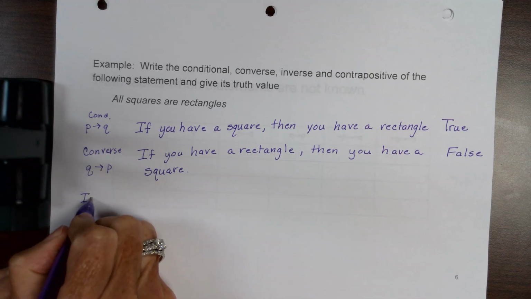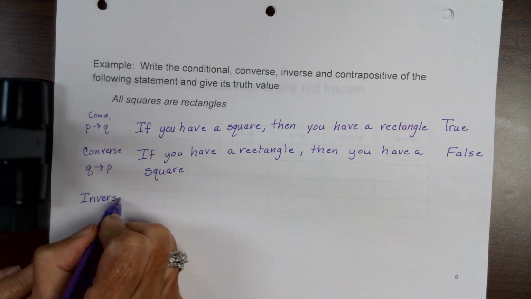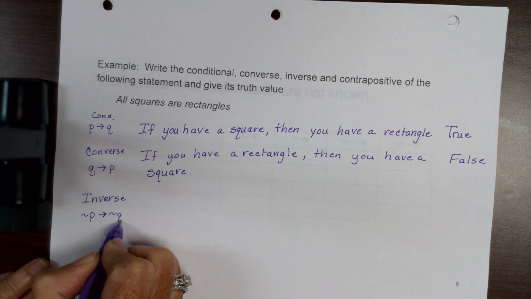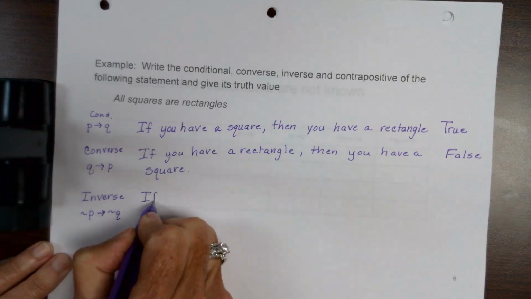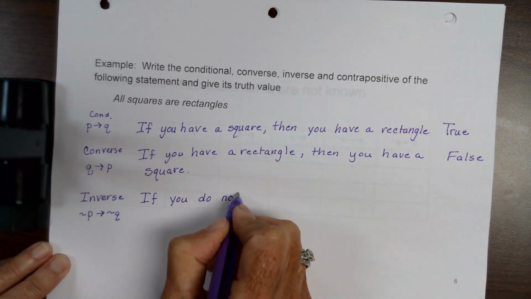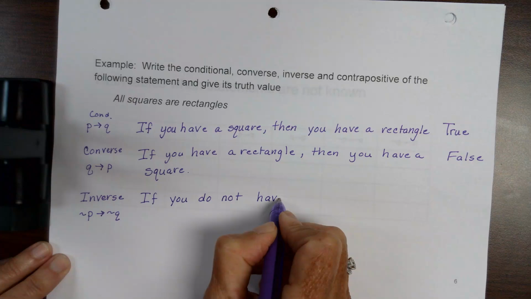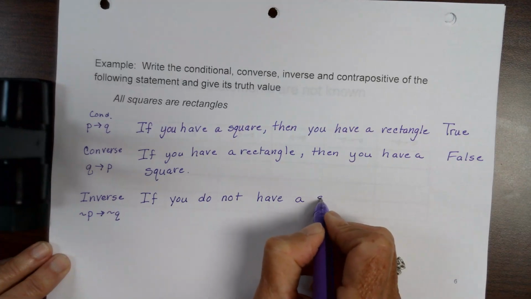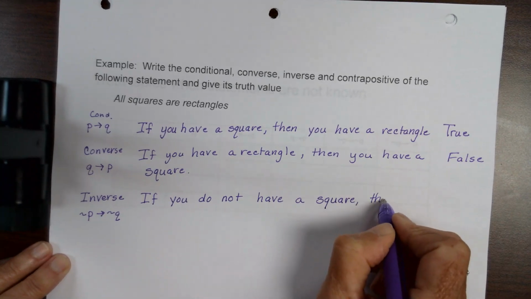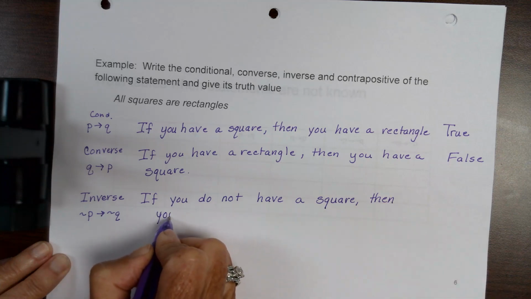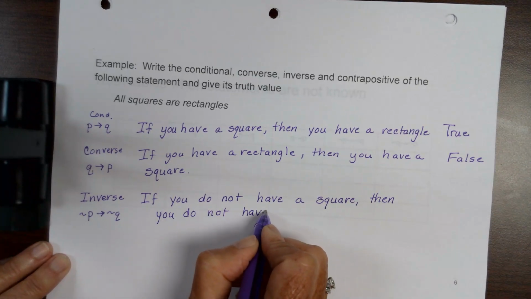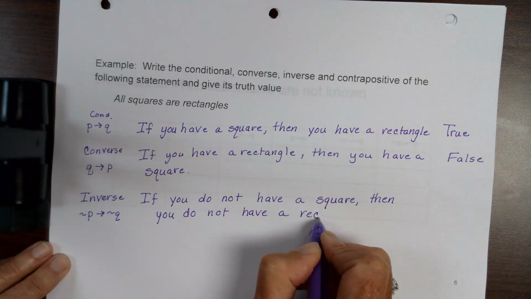The inverse is going to be the negation of P, then the negation of Q. So if you do not have a square, then you do not have a rectangle.